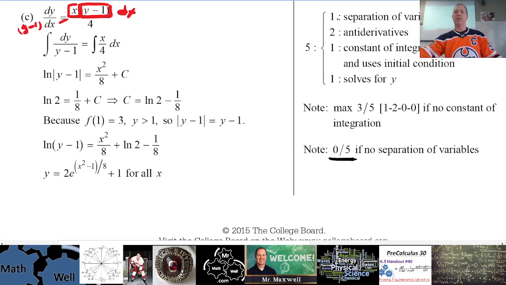The separation of variables, yeah, antiderivatives. Now, gee, this is another good question. I don't think they would give you any points for that. But the antiderivatives, I believe that the antiderivatives for the proper separation would be what you get 2 points for.